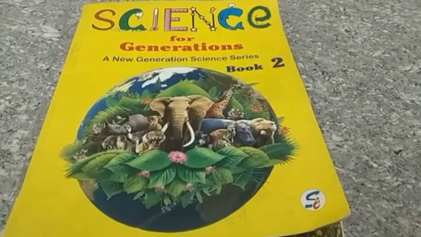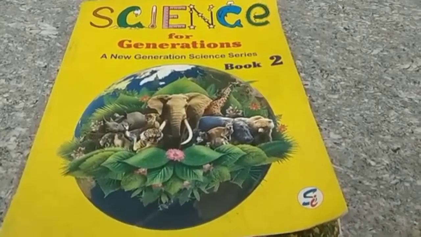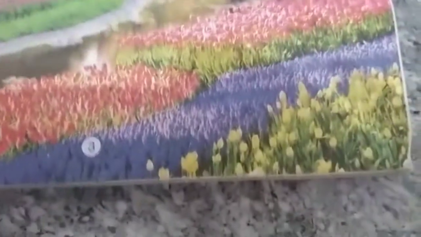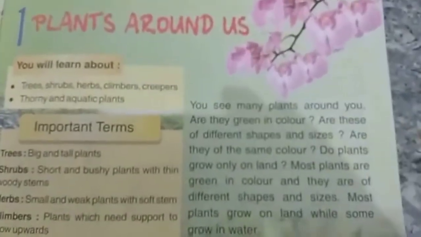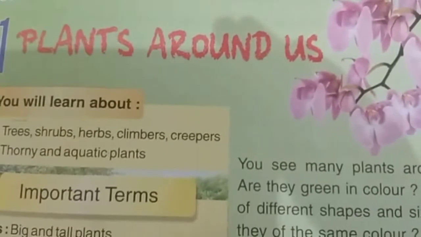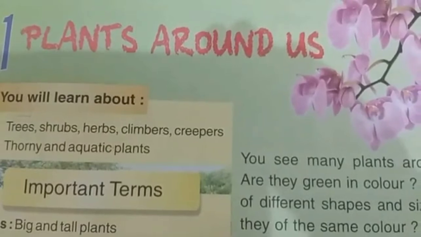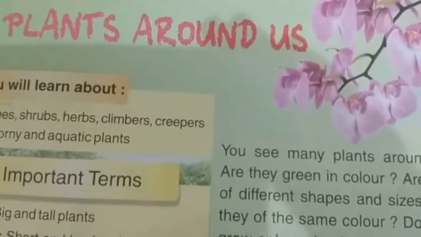Children, sit straight. We will read our lesson. Take page number 3. It's Lesson 1, Plants Around Us. Let us start.